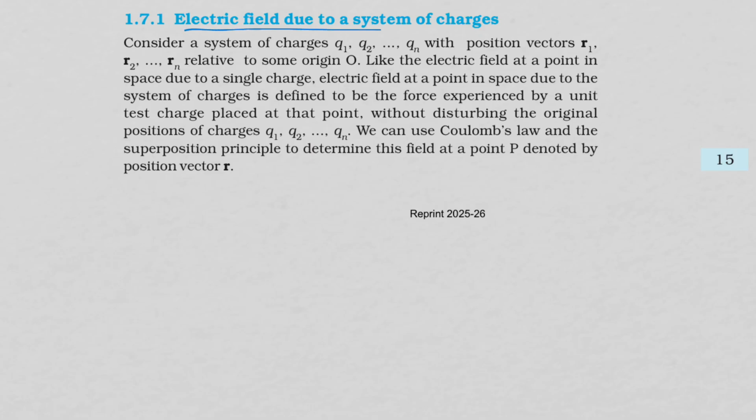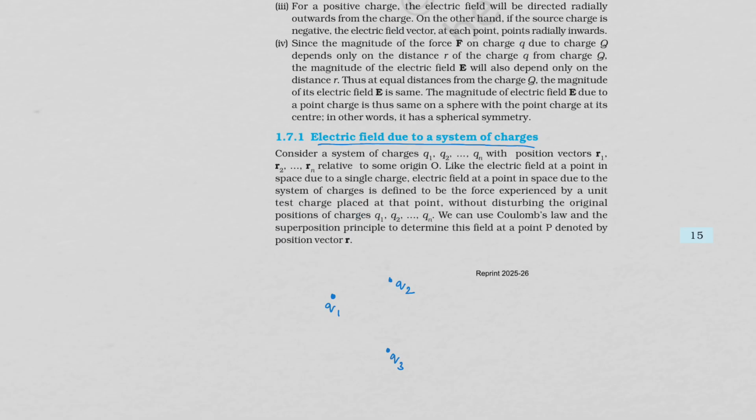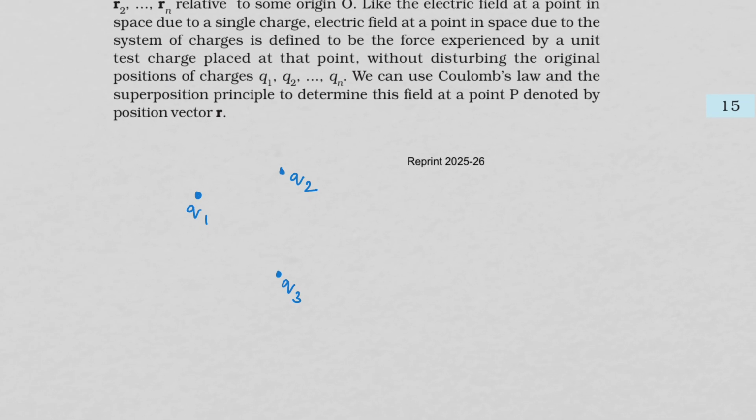Electric field due to a system of charges. For that, let us see the picture. Suppose there is one charge q1 here, then there is another charge q2, and then q3. So there are many charges, and because of all these charges, we want to find the electric field at a certain point in space.